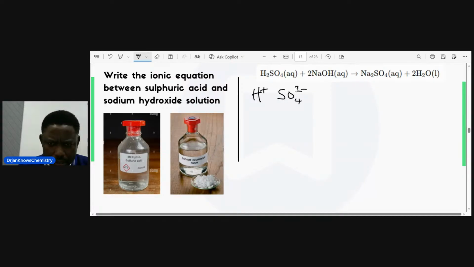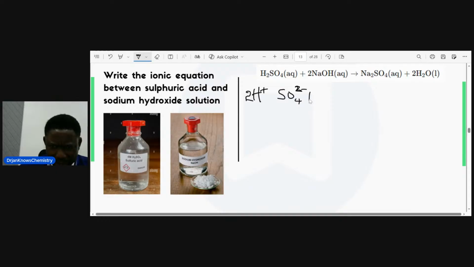This is a radical. I'll be taking some topics specially about how to handle this. Just know that I'm splitting the hydrogen and SO4, but we have two hydrogens. Can you see how I did the splitting? Don't make that mistake. We have two hydrogen ions with SO4, and that's why the charges balance and it forms neutral H2SO4.